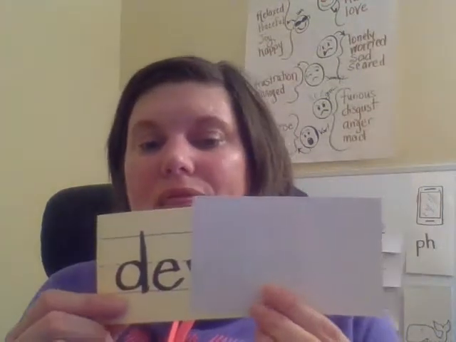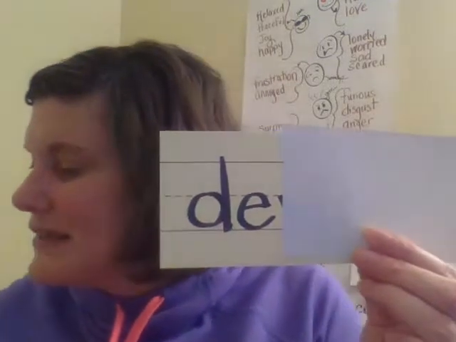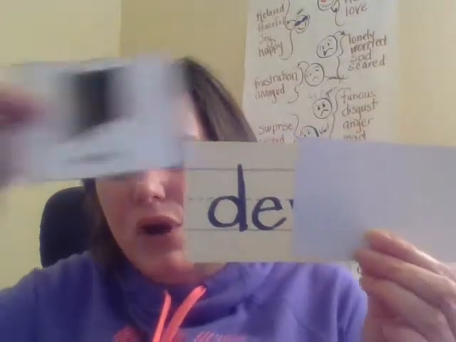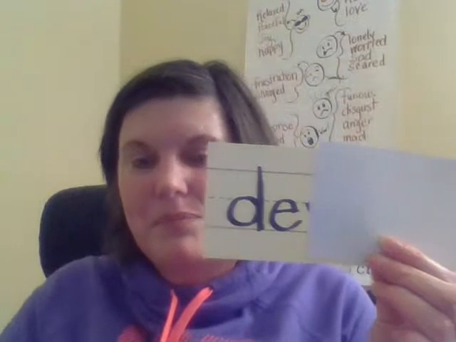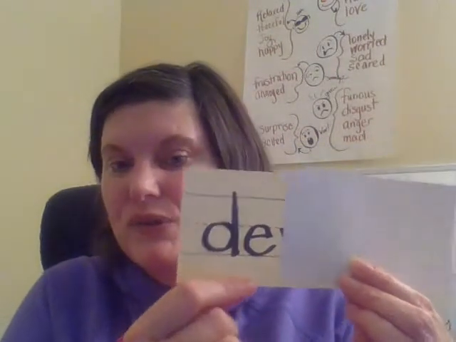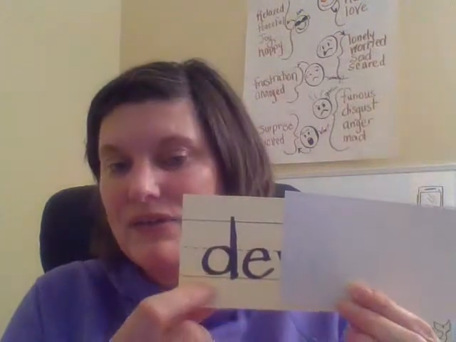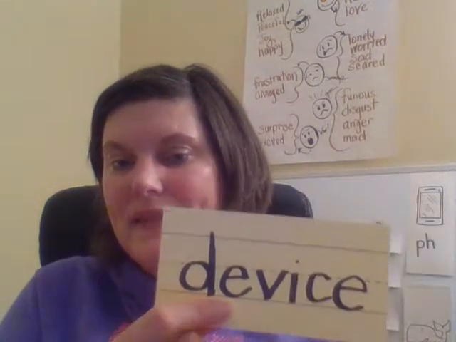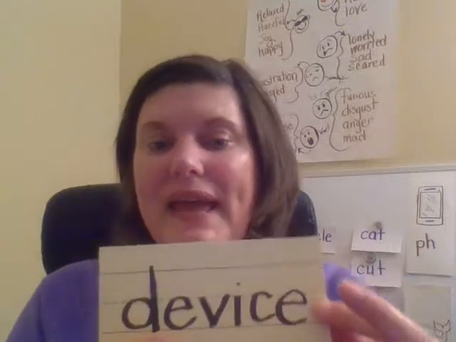All right, let's try another one. This one is our open syllable type because there's not a consonant blocking the way of the sound. So it's a long E sound. De, and then let's look at what do you see at the end?